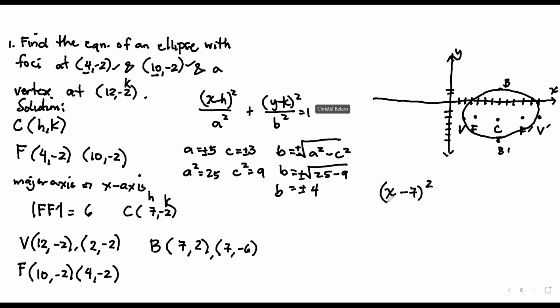The square of x minus 7 over a squared, which is 25, plus y minus negative 2, so it becomes positive, the square of y plus 2 over b squared, b squared is 16, equals 1. That is the equation of an ellipse. This is the standard form.